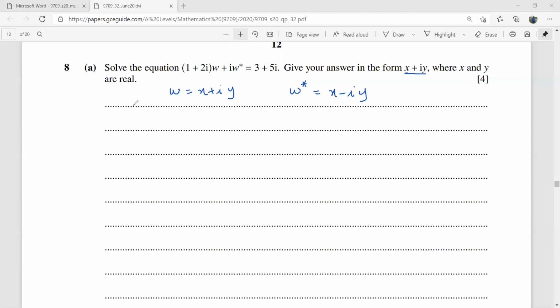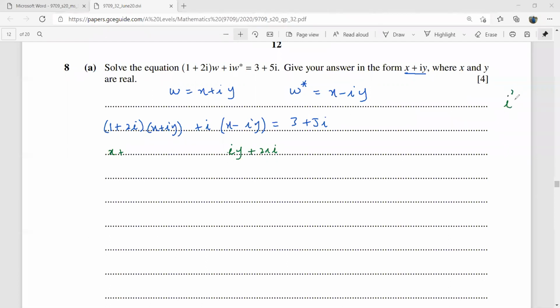So, children, this is (1 plus 2 iota) into (x plus iota y), plus iota into (x minus iota y), that is equal to 3 plus 5 iota. We multiply this: we have x plus, writing the iota ones here, iota y, then plus 2x iota, then 2y iota square.